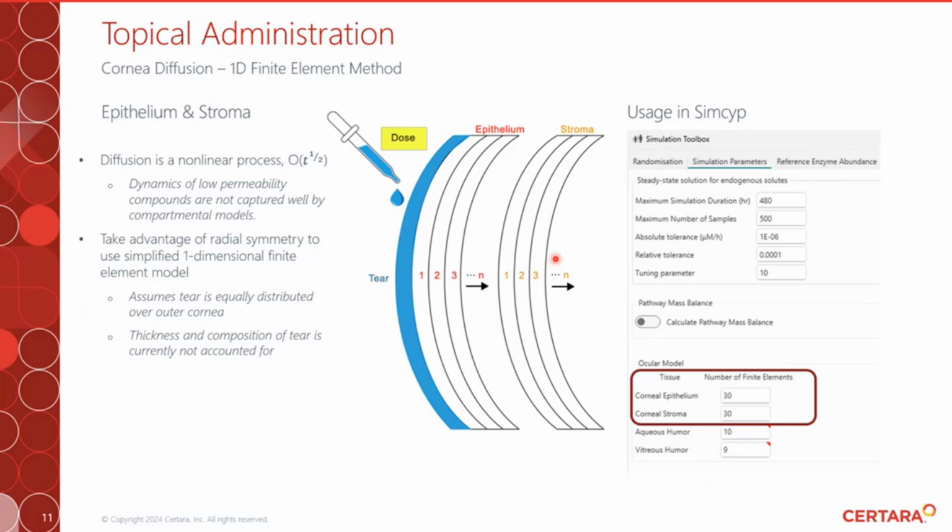We take advantage of the radial symmetry, and breaking it up forces compounds to actually have to cross each one of these little sections and diffuse across it in the model. Even if you had just a few, say 3 or 4 layers, we actually use about 30, that little bit of extra time lag that you enforce upon the compound makes a massive difference in the amount of time it takes to get across the layers. And so we got much better results for hydrophilic compounds, especially through the epithelium.